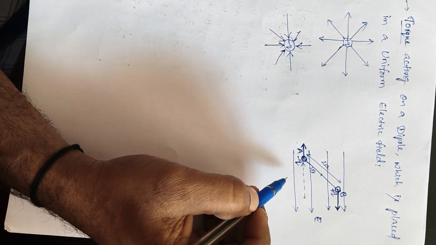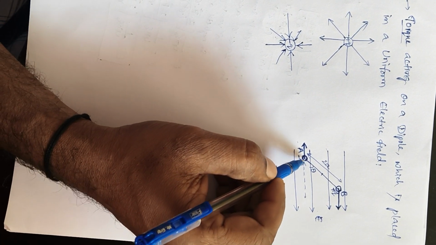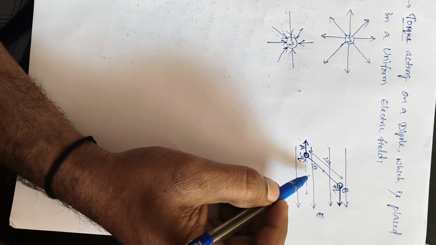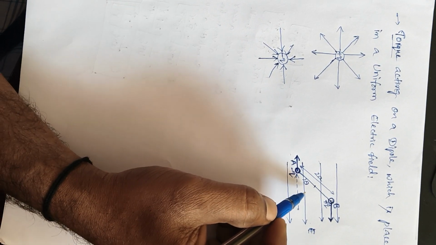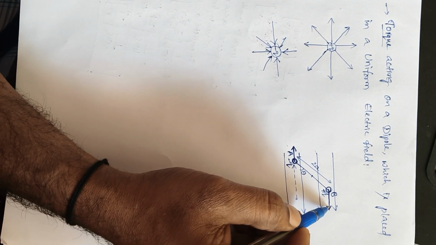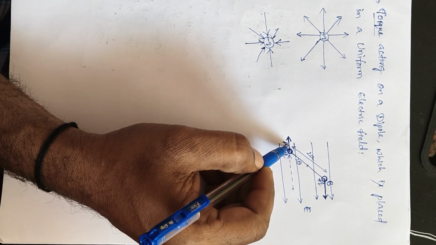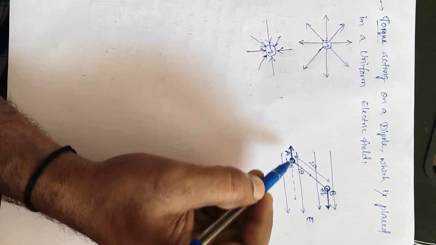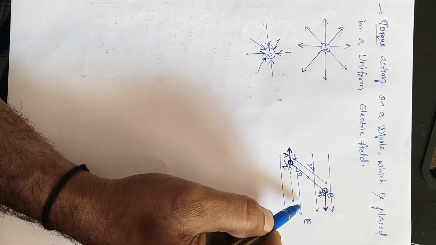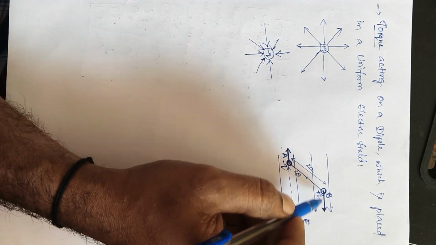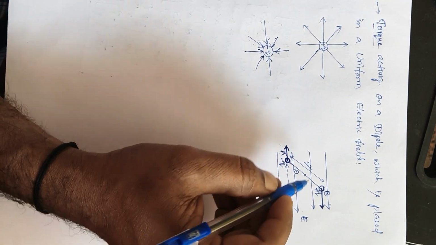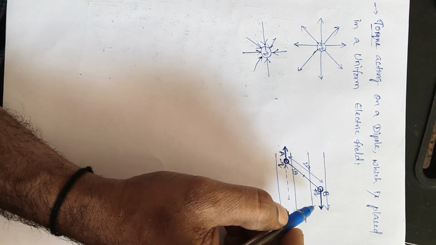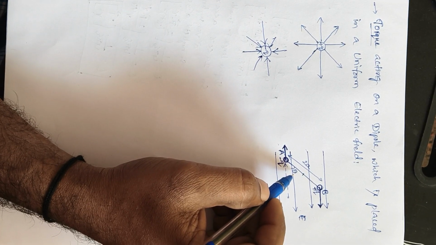Next, certain forces are exerted here. Observe the arrow marks: one is on the left side, the other on the right side. These two forces are acting in equal and opposite directions, so a couple acts.